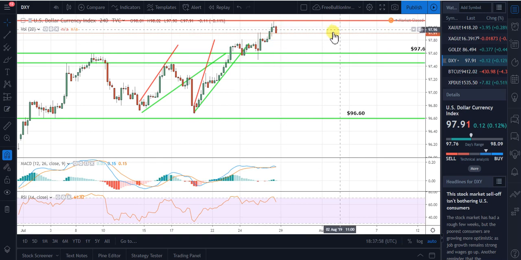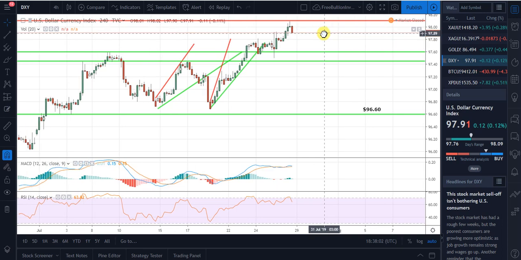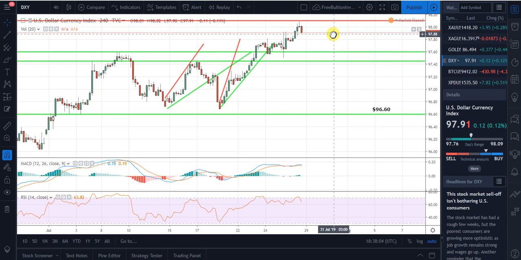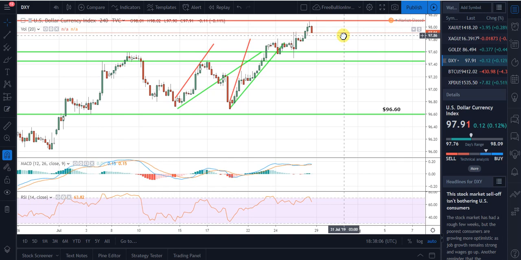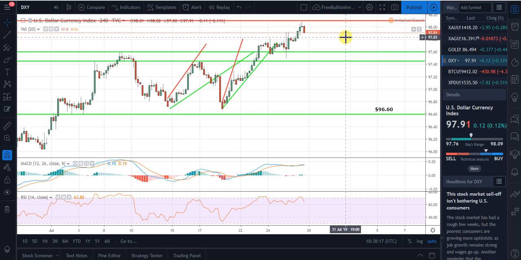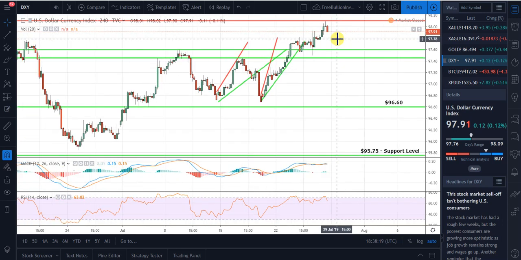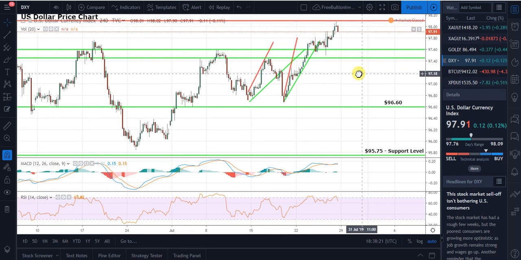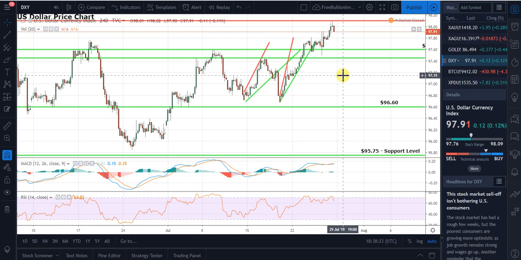Those indicators helped the dollar rise for the most part, and it really kind of puts a softener into what's going to happen with the Fed next week. The Fed meets on Tuesday and Wednesday of next week, on the 30th and 31st, and they'll come out on the 31st telling us whether or not they're going to leave rates the same or drop them.